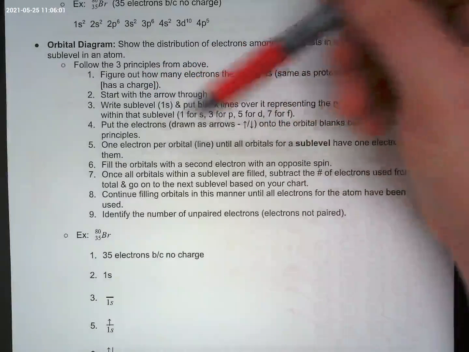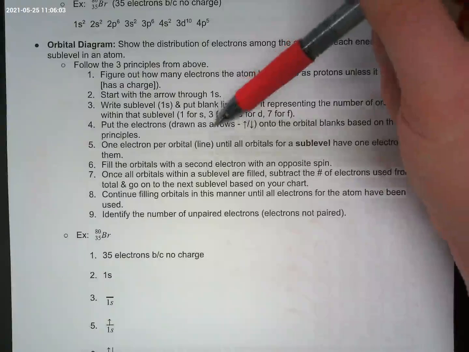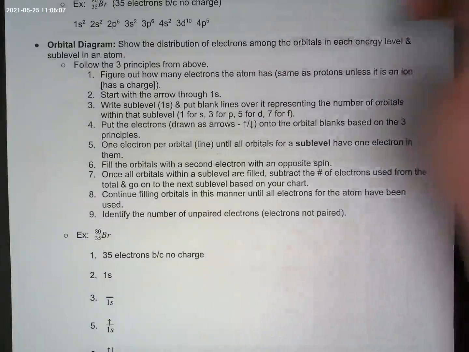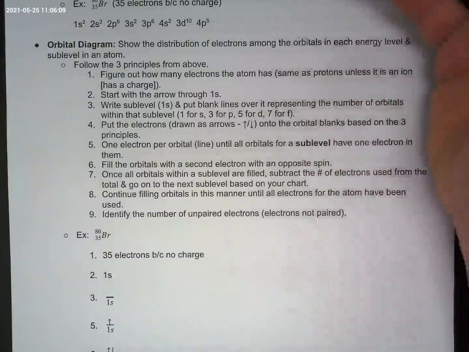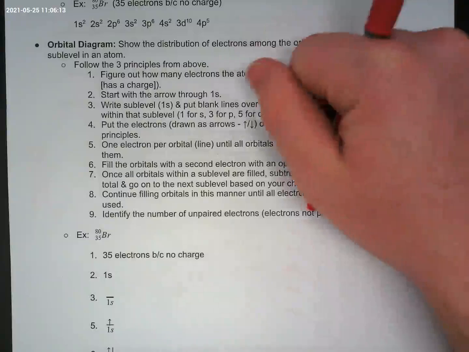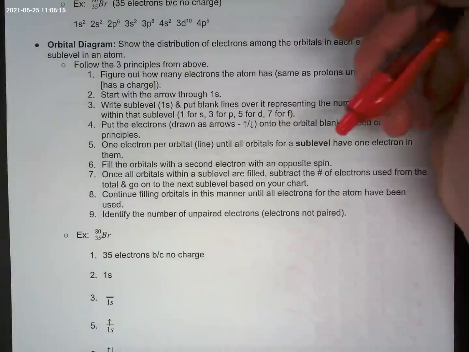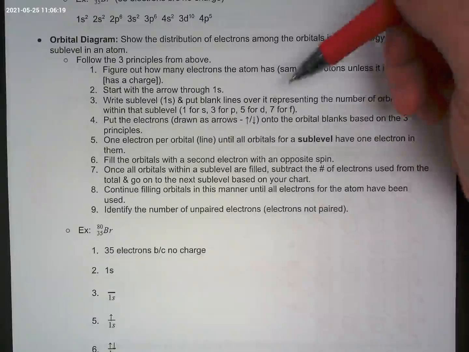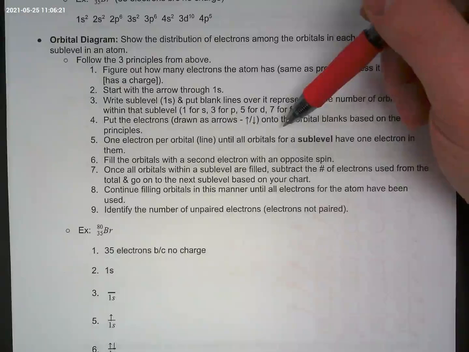You're then going to put the electrons down, and you're drawing the electrons as arrows, and this is where the spins come in. So there's up spin, down spin, which you can think of almost like, is it positively charged, is it negatively charged, like a magnet. You're going to draw those arrows onto the orbital blanks based on 3 principles.